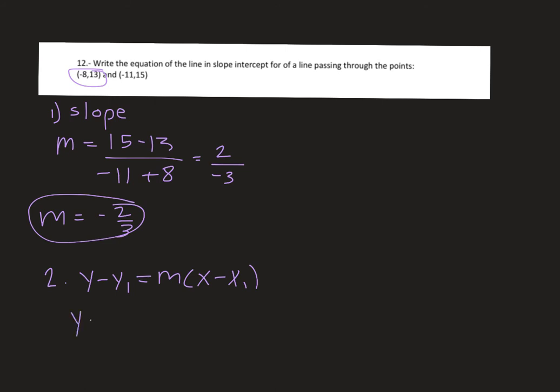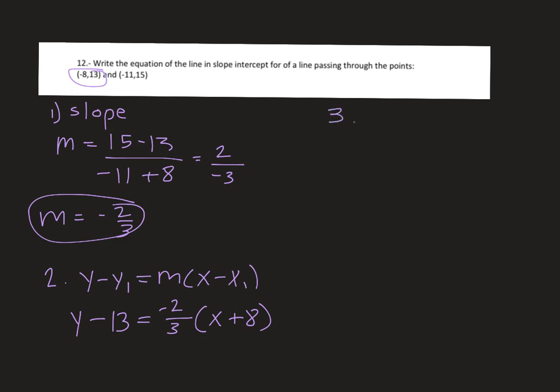So y minus our y point, which is 13, is equal to our slope, which is negative 2/3, times x minus the x point. Now that's our equation of the line in point-slope form.